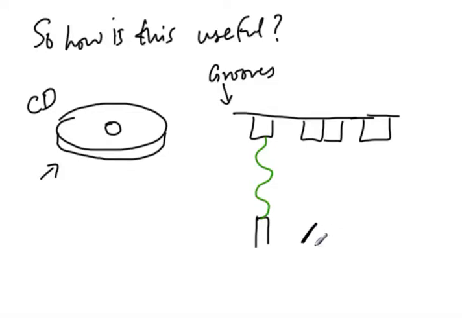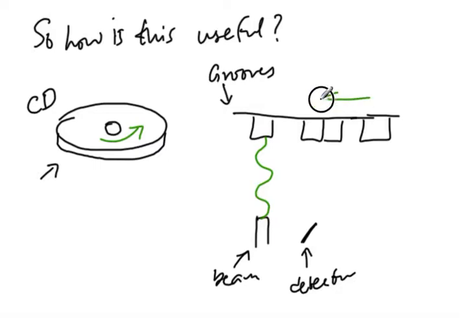Let's just call that detector, and that's the beam. It shoots light up, and keep in mind that the CD is rotating this way, so it could be moving in this direction. That beam will reflect back, and it will be detected by that detector.